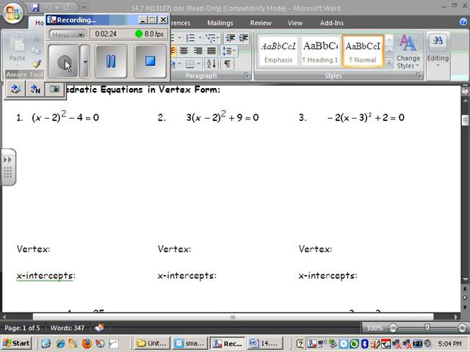Here I have three examples of equations that are in vertex form. I'm going to use this form to identify not only the vertex, but the x-intercepts. The very first thing I need to look at are my h and my k values. My h is 2 and my k is -4.